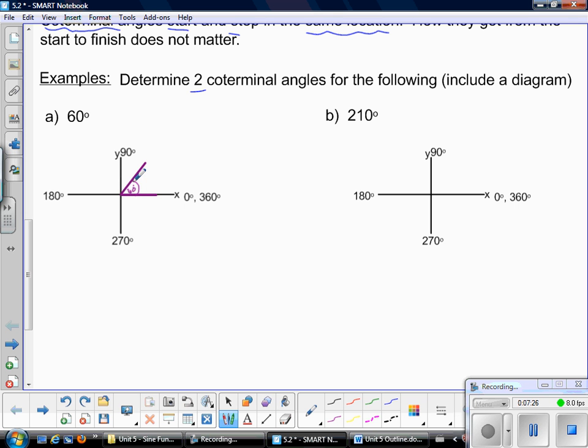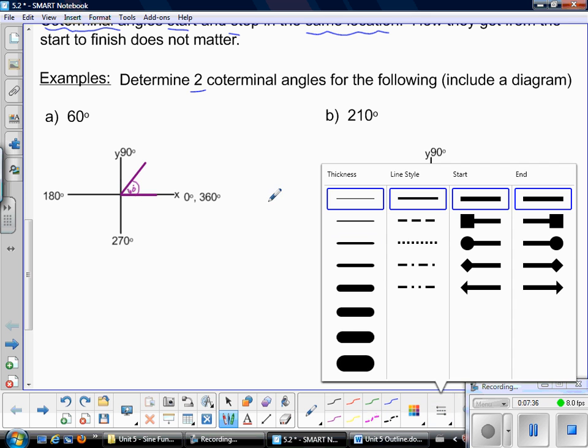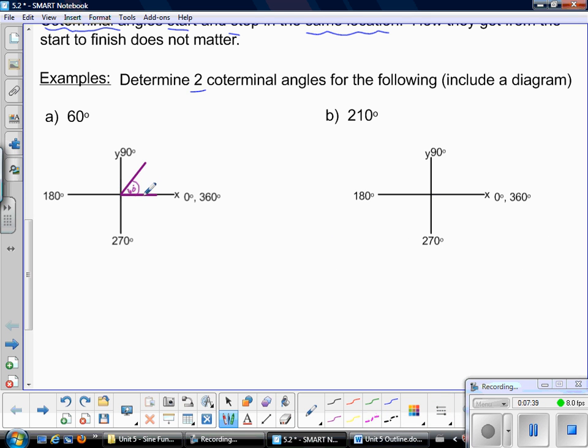Now, if I want a coterminal angle to that, I could keep going around counterclockwise and create a new one. So I'll do that one in green. What I could do is go all the way around the circle once. So I've gone 360 and then stop here, which would be another 60.